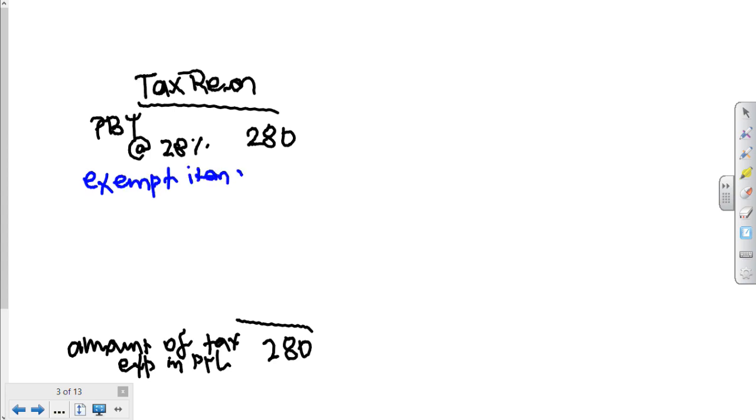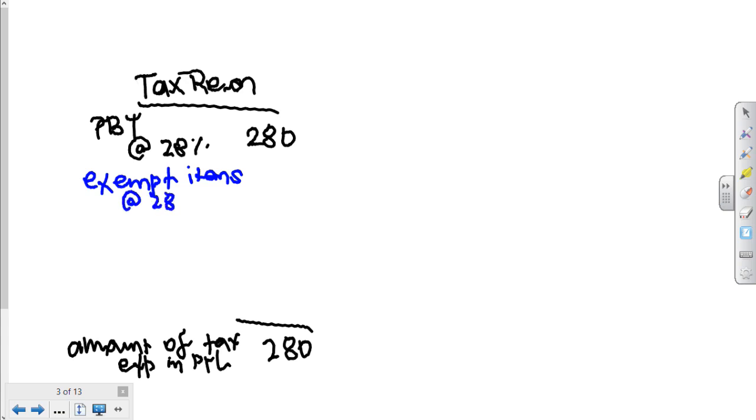Do you agree that exempt items are either not taxable or not deductible, isn't it? So they will cause the 28% to not be valid. Do you agree? So whatever exempt items you've got in your tax calc, you bring them into here at 28%.